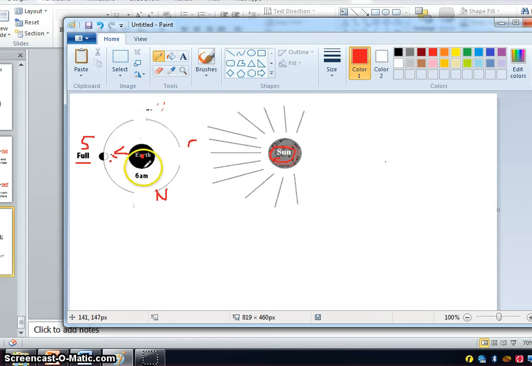Doesn't matter that it's 6 a.m. So your highs are still there. 6 a.m. would be a low tide on a full moon. But a full moon would mean that it's a low spring tide because it's a full moon. Full and new moons are always spring tides. So this is how you read and interpret a tidal diagram.